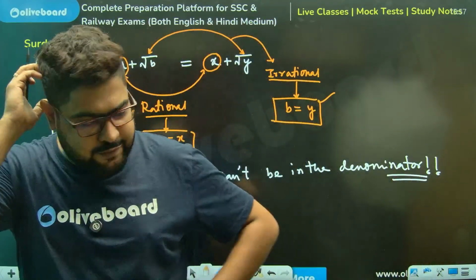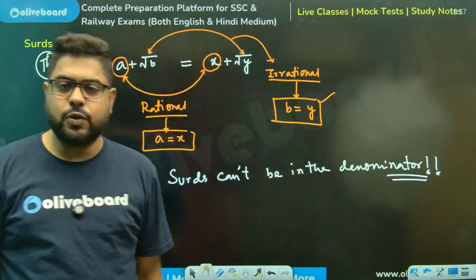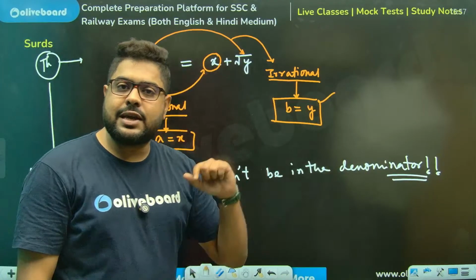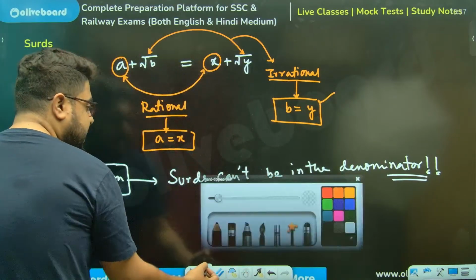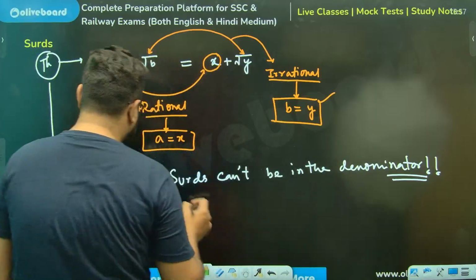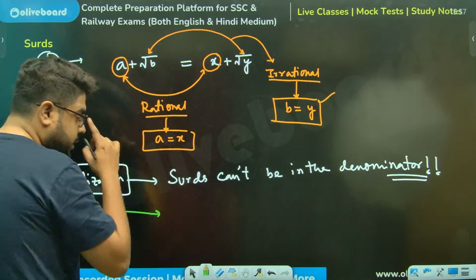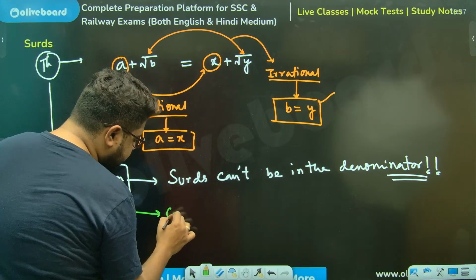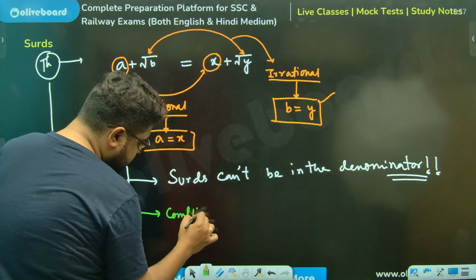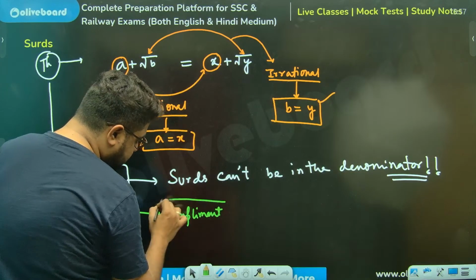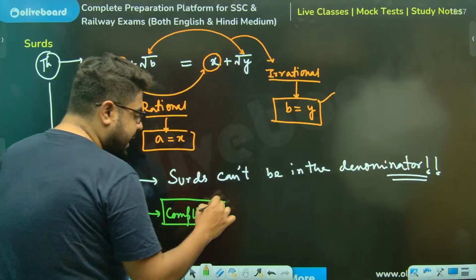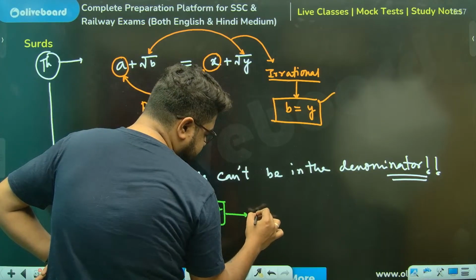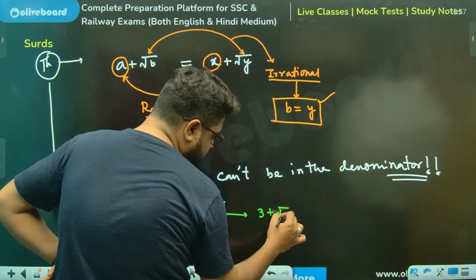Perfect. So if that is something you need to do, how to rationalize? There comes the concept of the complement. Now, what do I mean by complement? Let's say there is a surd, 3 plus root 2.